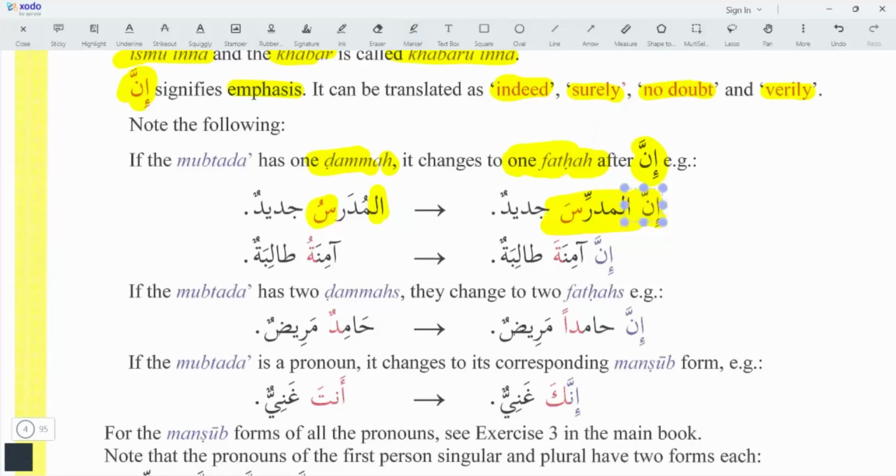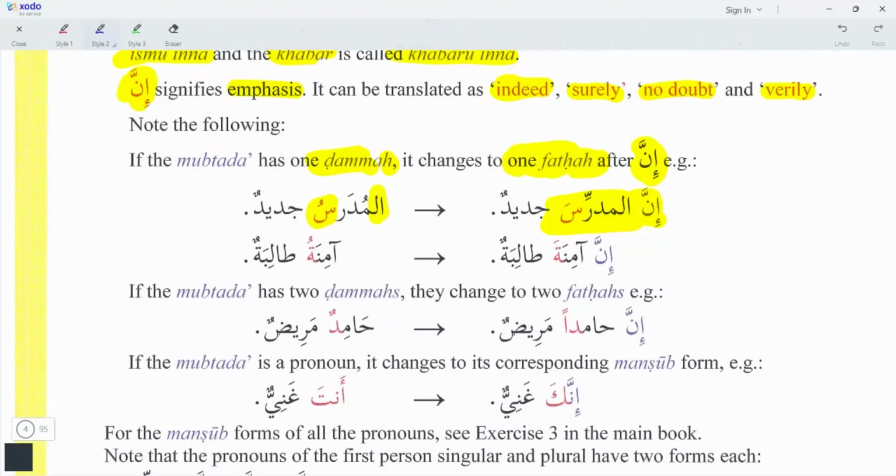So this inna is making the mubtada, or the ism, mansub. After using the inna, al-mudarrisu is not mubtada here.